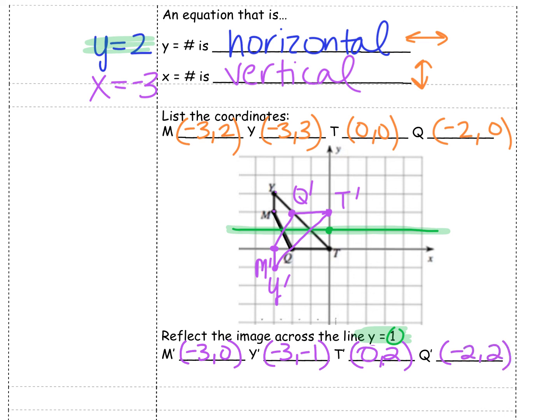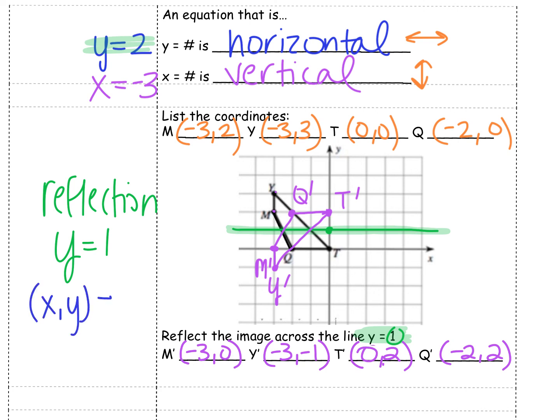So what I want you to think about is when we flipped over my line, y equals 1. So reflection over the line y equals 1. When I had my coordinates x, y, how did they change? Think about the relationship between my x values, which I've highlighted purple, which to me, that looks like a pretty easy relationship to notice.